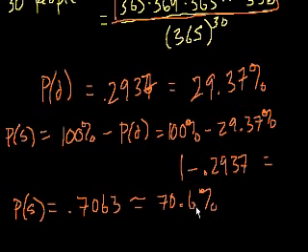Which is kind of a neat result, because if you have 30 people in a room, you might say, oh, wow, what are the odds that someone has the same birthday as someone else? It's actually pretty high. 70% of the time, if you have a group of 30 people, at least one person shares a birthday with at least one other person in the room. So that's kind of a neat problem and kind of a neat result at the same time. Anyway, see you in the next video.